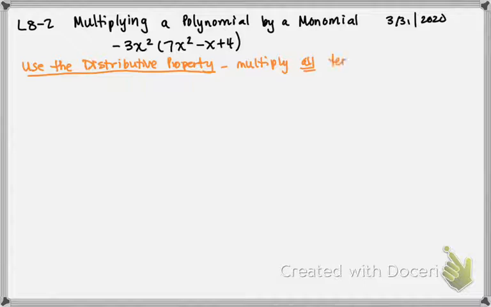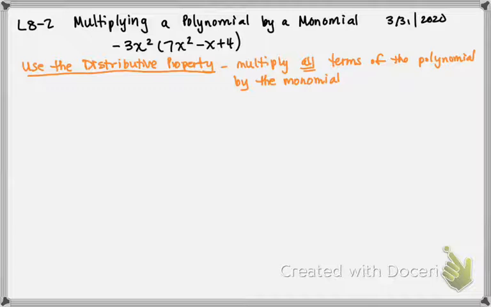Okay, so that means we're going to multiply all terms of the polynomial by the monomial. Now what that means is we've got 2 things to watch out for.